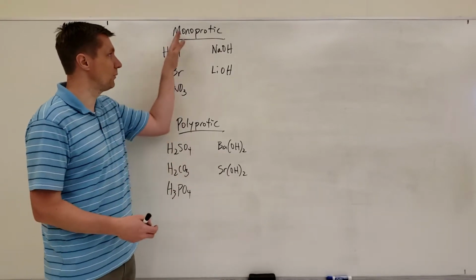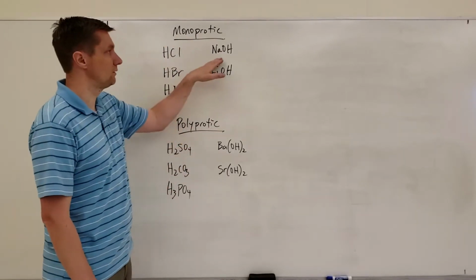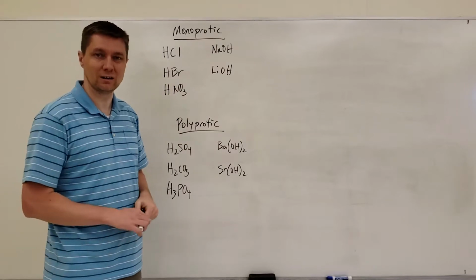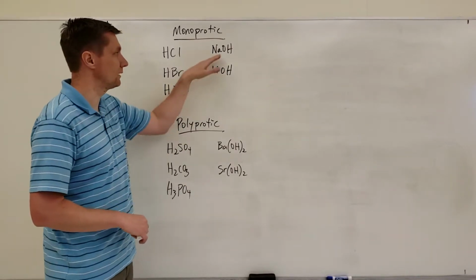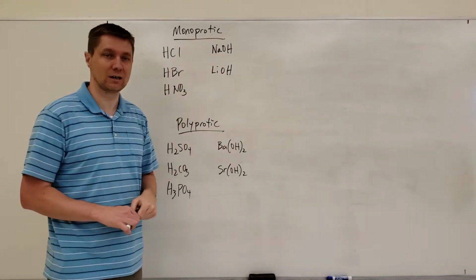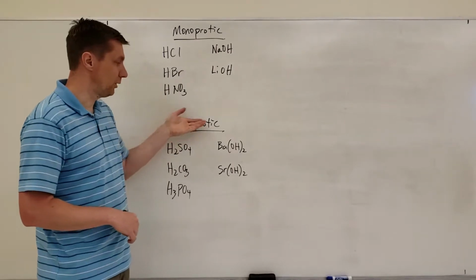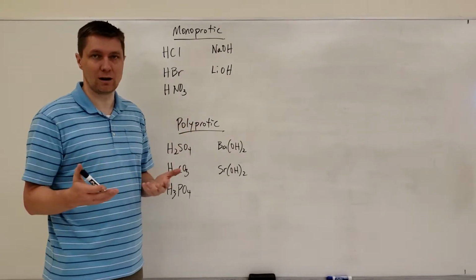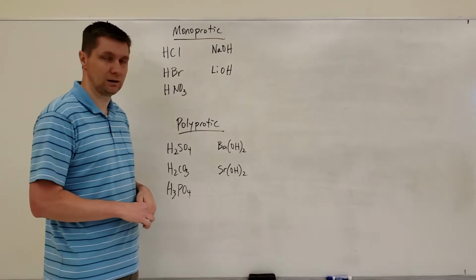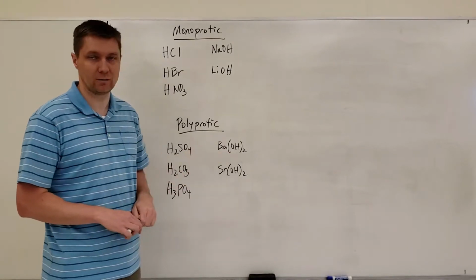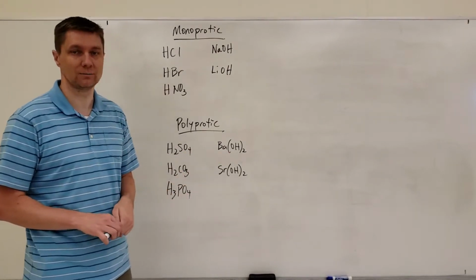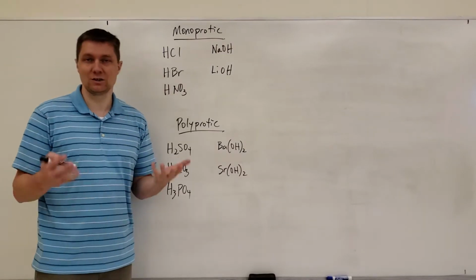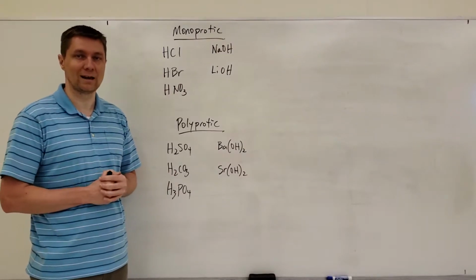We can also have monoprotic bases that have 1 hydroxide in the chemical formula, for example, sodium hydroxide or lithium hydroxide. And we can have polyprotic bases that would have more than 1 hydroxide in their chemical formula. So things like barium hydroxide or strontium hydroxide. So that's all you need to know about monoprotic and polyprotic acids and bases.